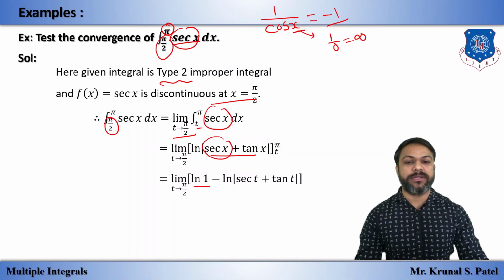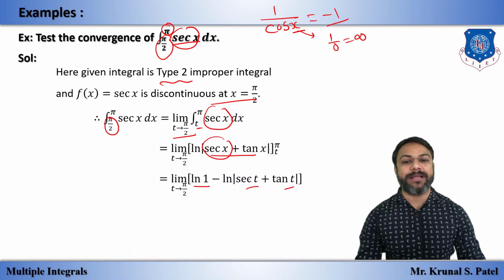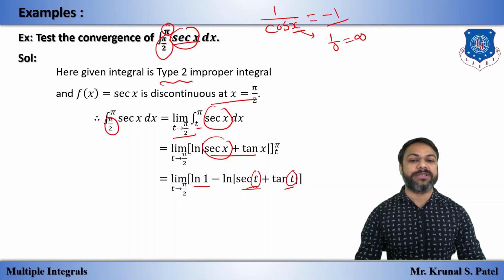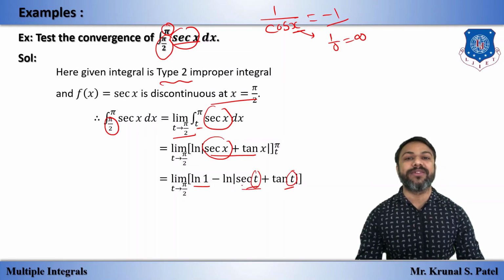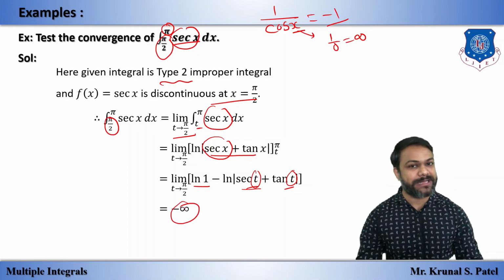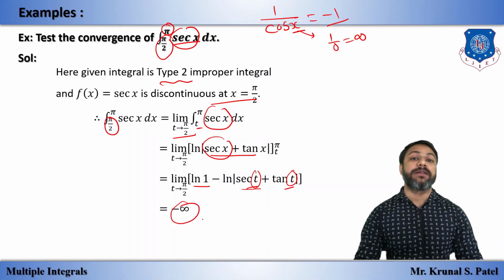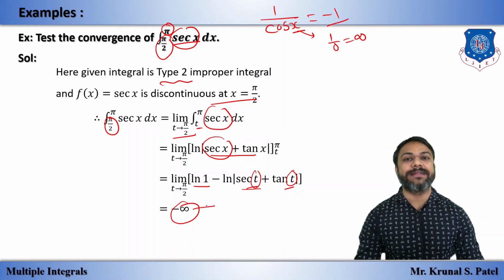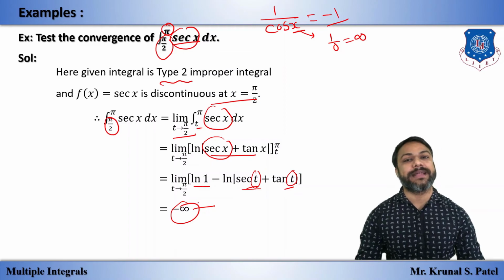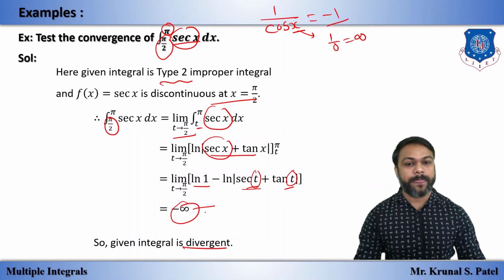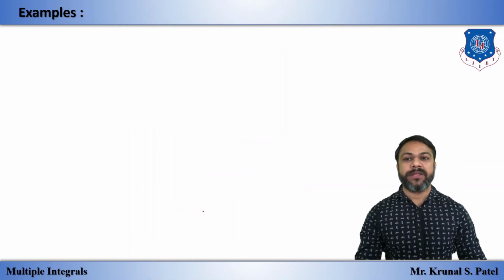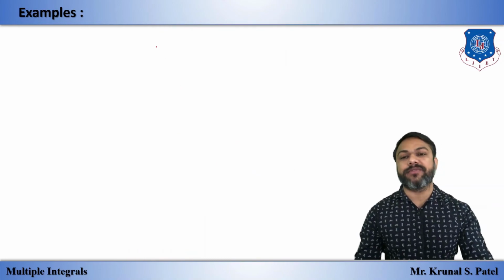Now we put t, and t tends to pi by 2, and we know that sec pi by 2 is infinite, log is undefined, so the answer is infinite. And as we know, if the integral is infinite, then the given integral is divergent. Simple. So one more example we have.